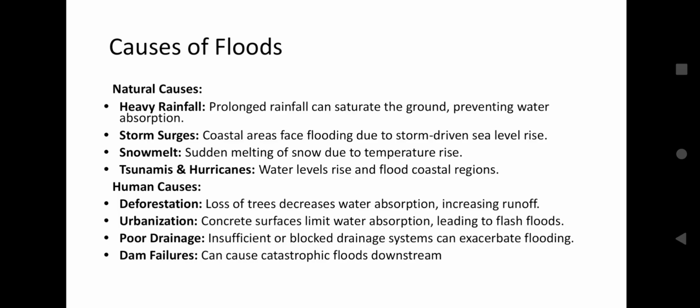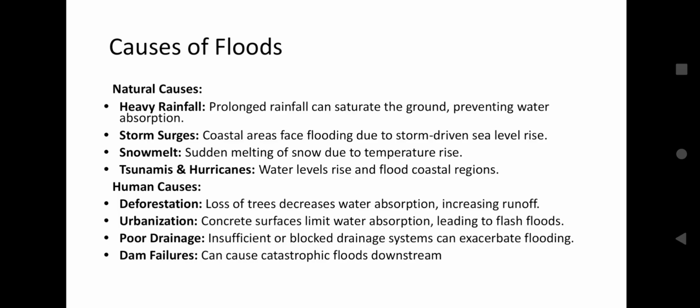But if the rainfall is over the average, that is called prolonged rainfall, which can saturate the ground and prevent water absorption. At some point the ground won't absorb more, so the water comes outside and the water level increases in the nearest bodies like ponds. That also becomes a cause.